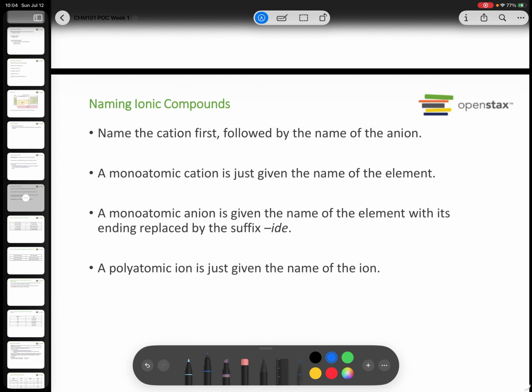So, if the cation is monoatomic cation or metal ion such as sodium, calcium, aluminum, so we simply use the element name, okay? So, lagyan natin siya ng example like sodium, calcium, aluminum, no?